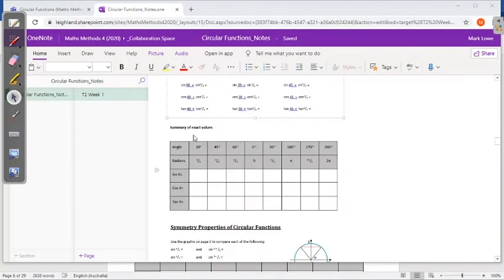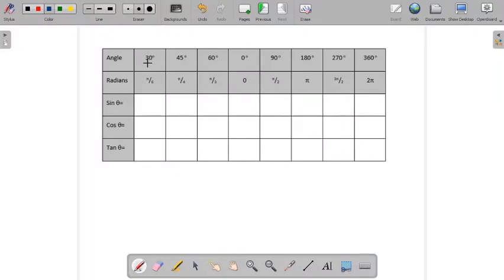So then, in summary, these are the exact values. You can fill those in, and you'll find them in the exact values table in the information sheet. The table in the information sheet only has it in radians. It might be worthwhile, just so you get used to it, to write the equivalent angle in degrees on your information sheet.